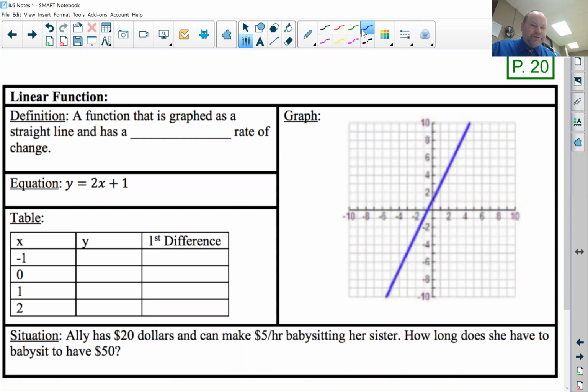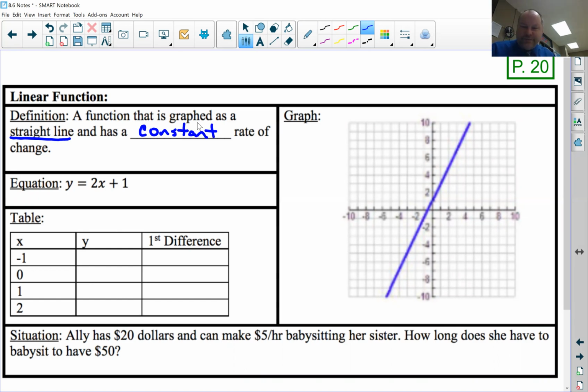A linear function is a function that is graphed as a straight line, which to me is a little bit redundant. All lines are straight, but it is a straight line, and it has a constant rate of change.